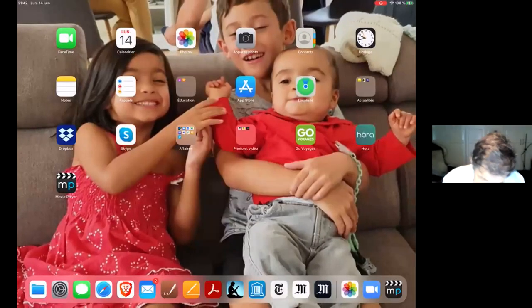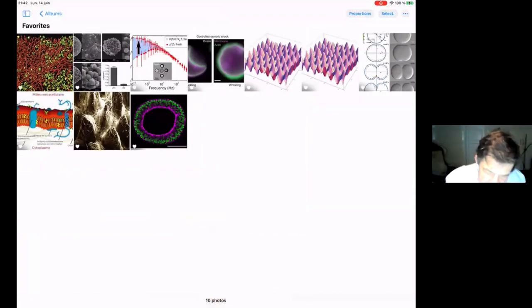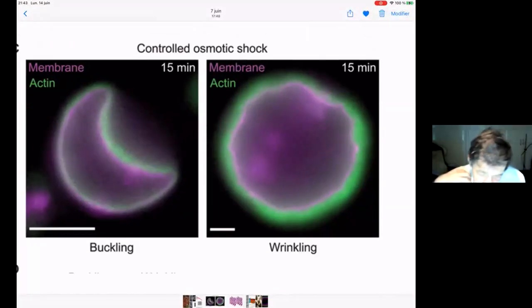So it's easier to show you a real experiment. So the actin is in green and the membrane is in purple here. So you see the vesicle, you see the actin layer around the vesicle, and you see on the left that the vesicle buckles.